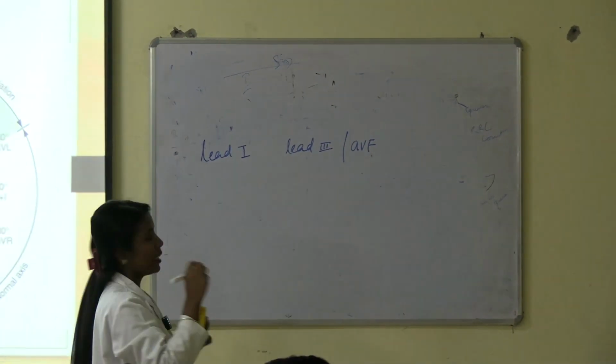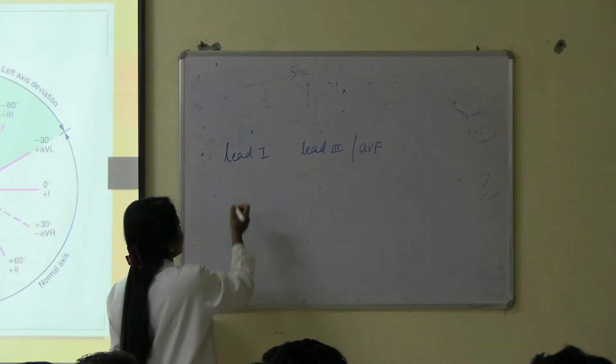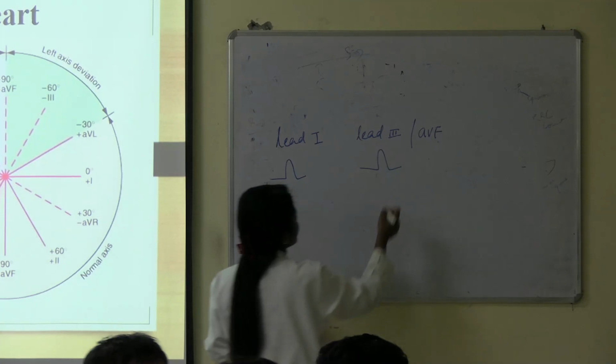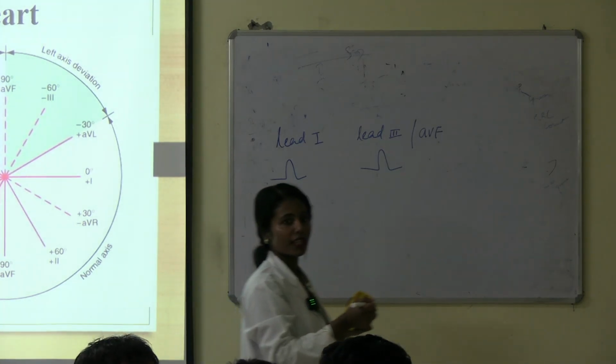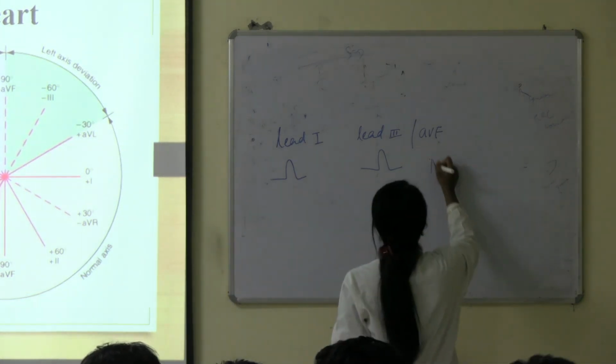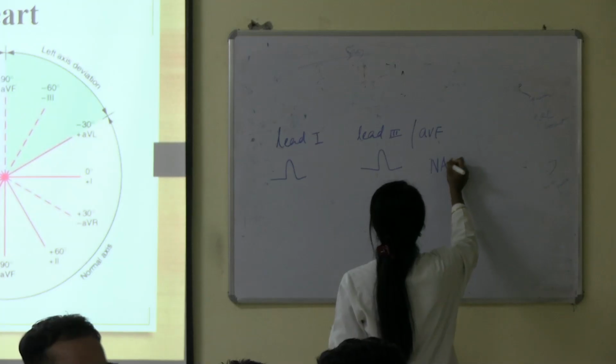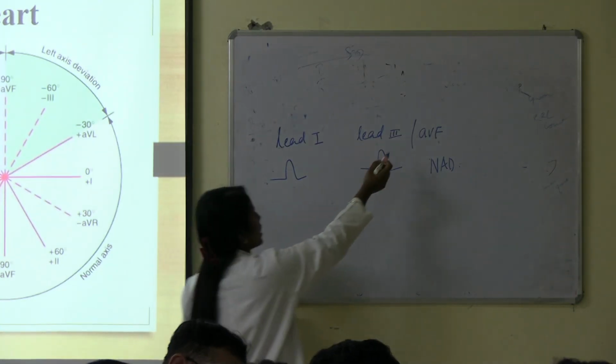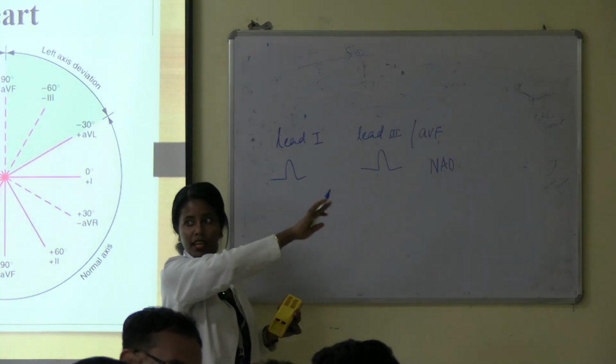So in lead 1, if it's positive and lead 3 also is positive, that is called normal axis. And in lead 1 you can take either lead 3 or lead AVF.